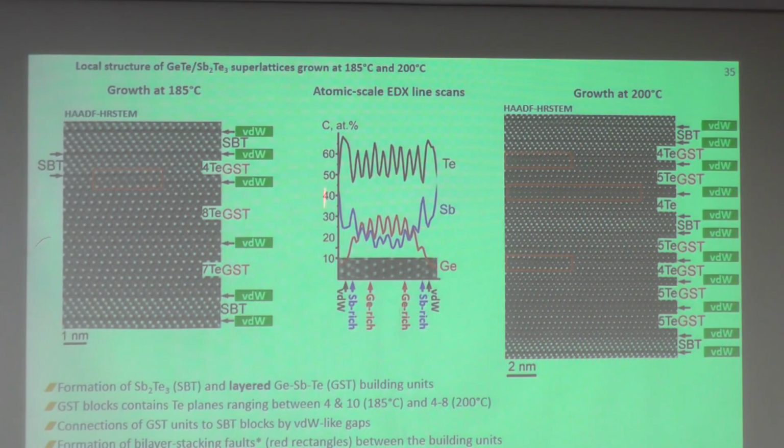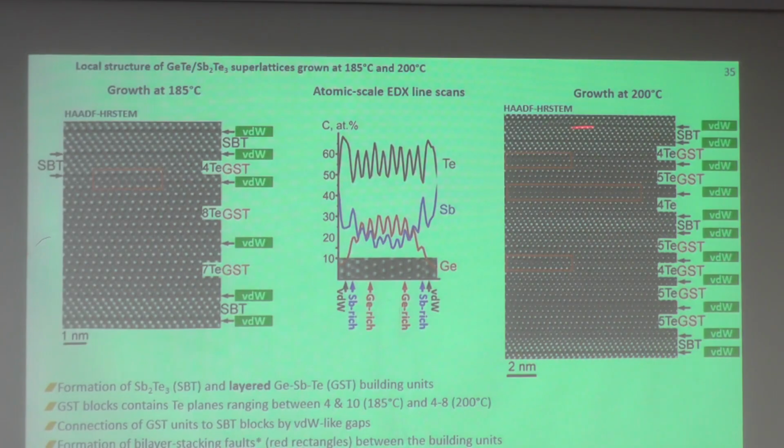And if you make local elemental analysis in such blocks, you can see that all layers inside such GST blocks are intermixed, so they contain germanium and antimony.